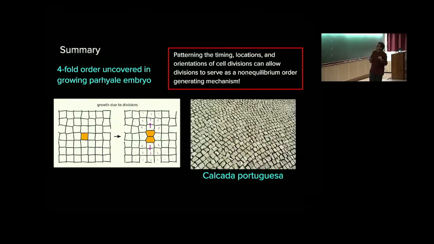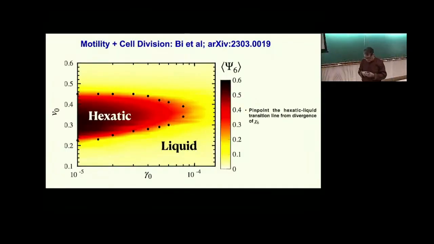Now, I'll just mention briefly that we've followed up this picture in work with Max B at Northeastern and a graduate student of his and an undergraduate at UCSB who's now gone on to graduate school. And we study a self-propelled Voronoi model of tissue.